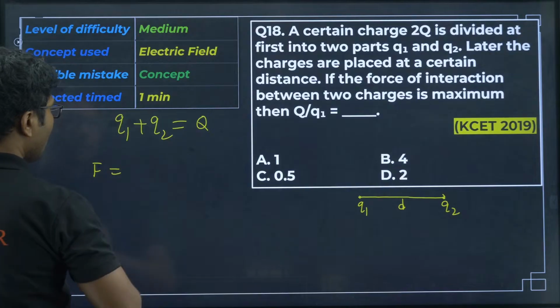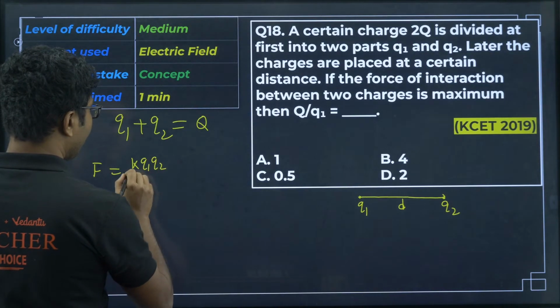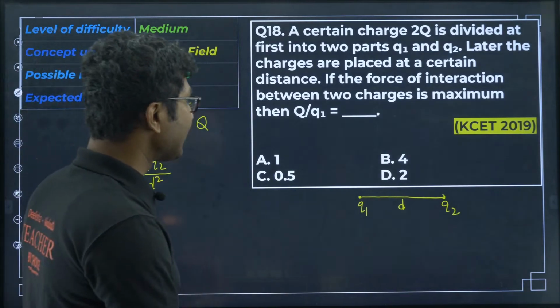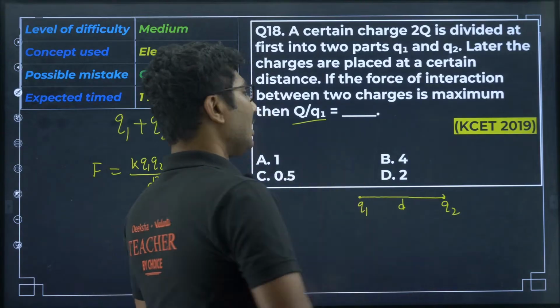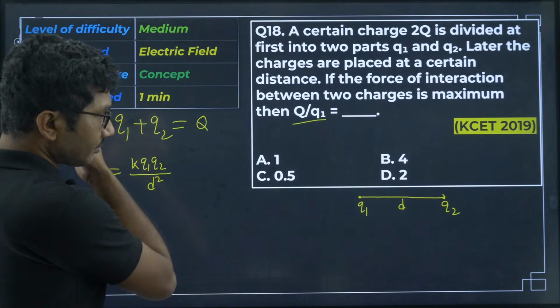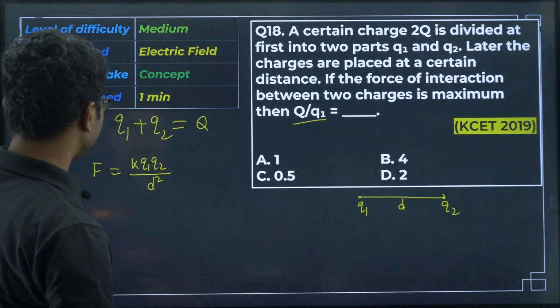The force is basically K Q1 Q2 by d square. Now this is maximum. If this is maximum, what is the ratio of Q by Q1?